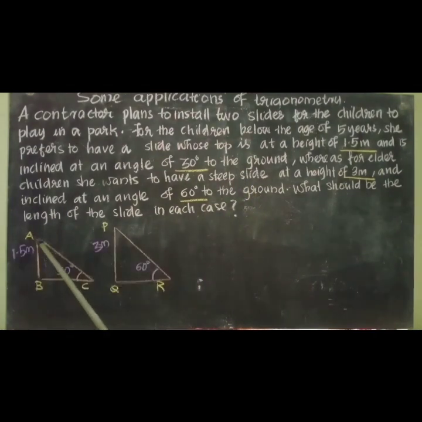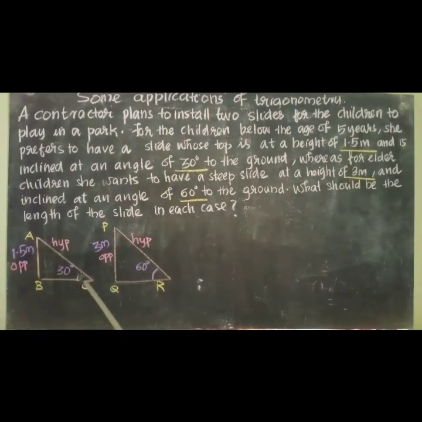In the first case, the slide is at a height of 1.5 meter and is making 30 degree with the ground. This BC is the ground. And in the second case, the slide is at a height of 3 meter and is making angle 60 degree with the ground. We need to find out the length of the slide.